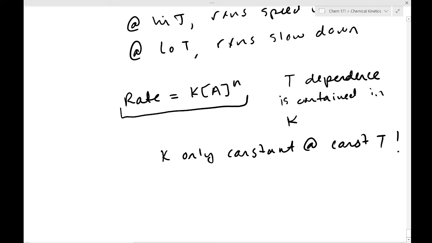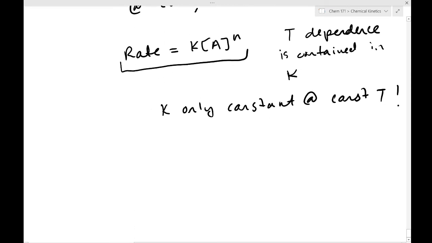So if you change the temperature, the rate constant will change, and therefore the rate of your reaction will change. And actually, if the temperature goes up, then the rate constant goes up.